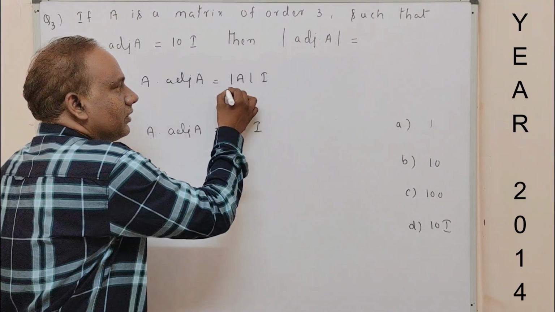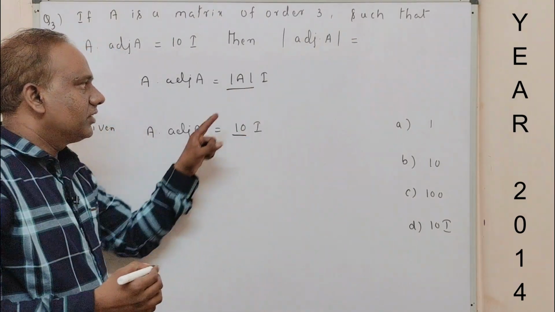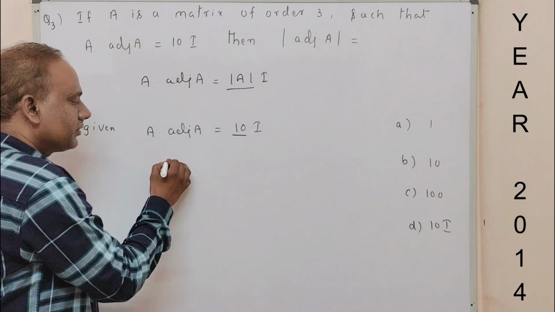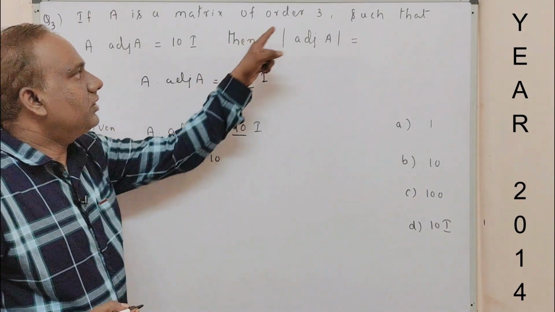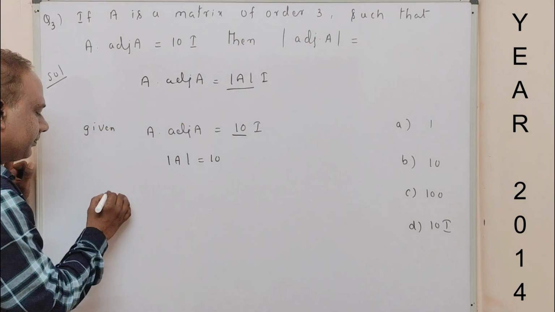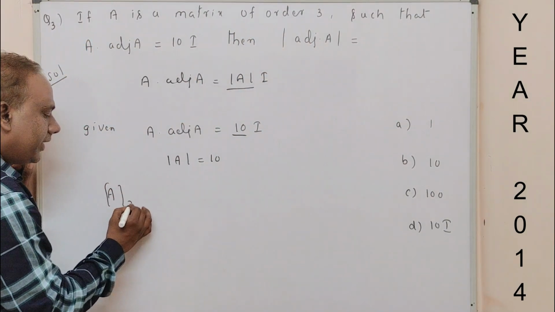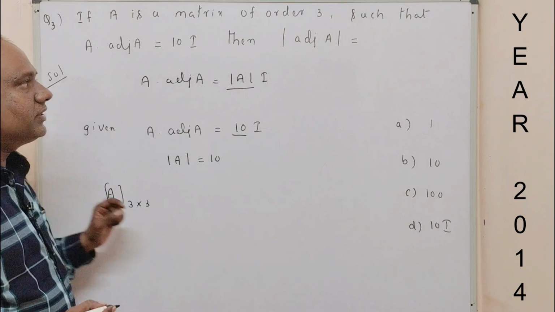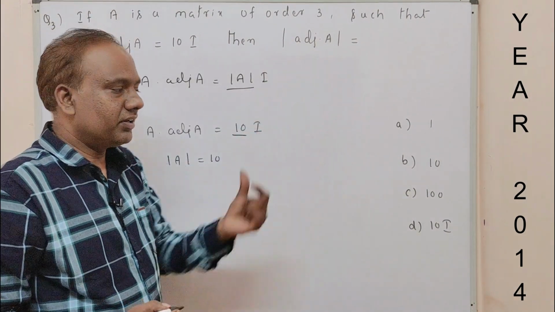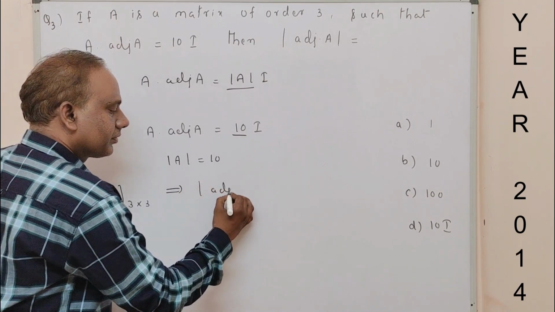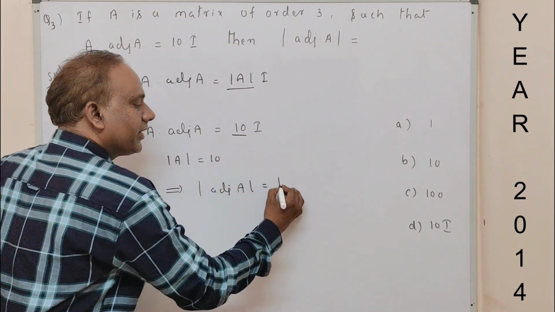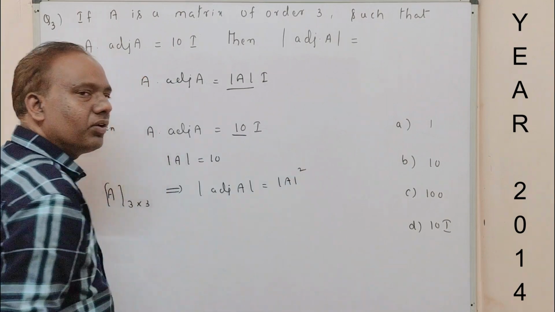That means in the place of det A, it is equal to 10. That means the determinant of A is equal to 10. Here A order is 3 by 3. In this case, the determinant of adjoint A is equal to (det A) whole square.